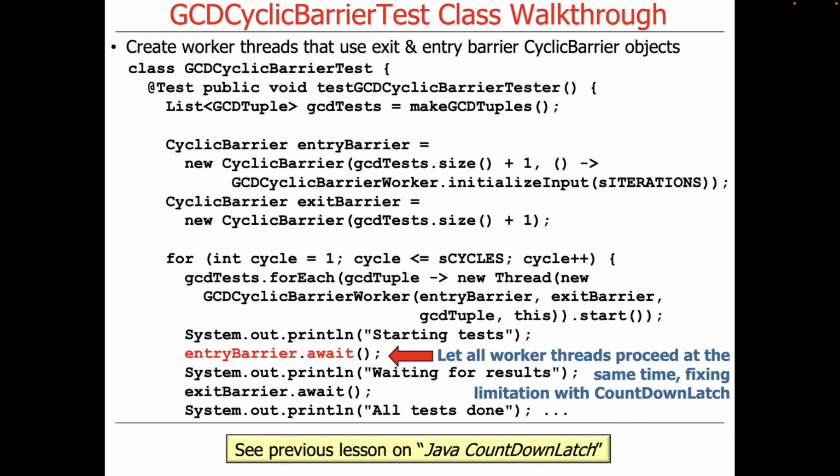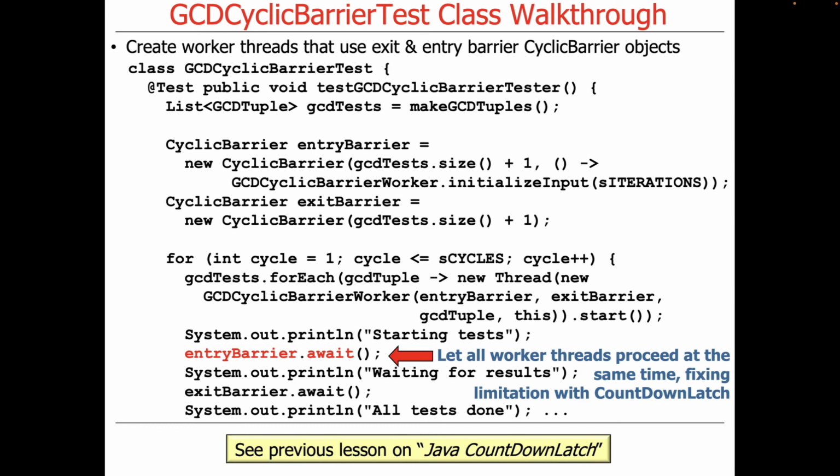The use of await here is just to have this controlling thread, because we want to start them all at the same time, we want to wait for them all to finish at the same time, and then we want to loop back around again and do it again. So this guy is really just kind of the master of ceremonies, making sure that everybody starts at the same time, waits for them all to finish, goes to the next iteration, it starts over again.